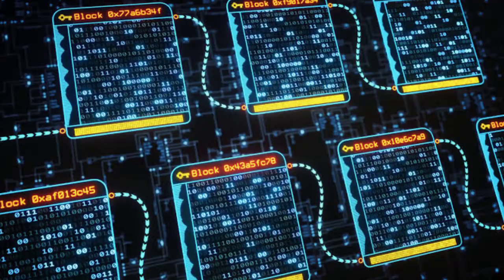If anyone tries to hack a block, they have to hack all the blocks at the same time, which is practically impossible. Or if they try to hack only one block, they must get approval from at least 51% of the total miners, which is also impossible. So blockchains make cryptocurrency an unhackable method.